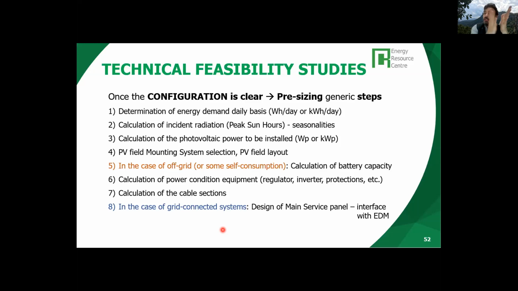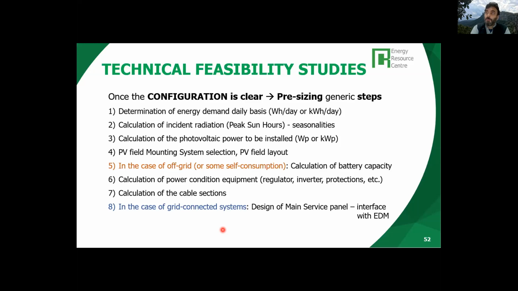The second step, as we have seen, is the calculation of the radiation, taking into account seasonalities, the databases, etc. We have mentioned that. Then we need to calculate the PV power, photovoltaic generation power to be installed, watt peak or kilowatt peak. Remember the sizing exercise that we did for Gurue.